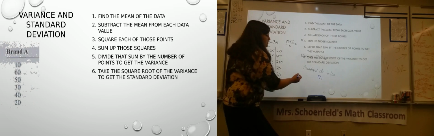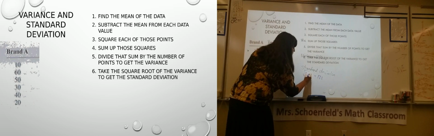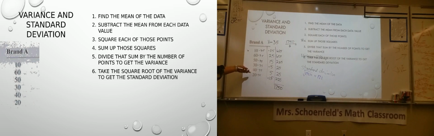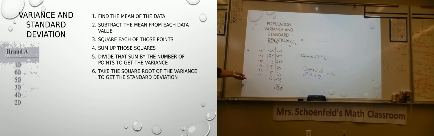For standard deviation, make sure you write the square root of 291.6. Don't round until that very end step. That one probably didn't matter much when we take square roots.